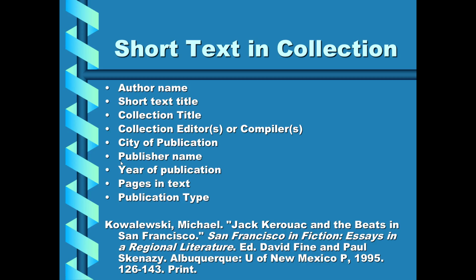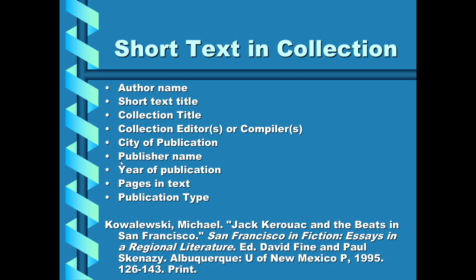Again, last name, comma, first name, followed by a period. The title of the short work, essay, what have you, put in quotes. Notice that the period at the end of the title goes inside the closing quotation mark. The title of the larger book or collection that you took that from is italicized.